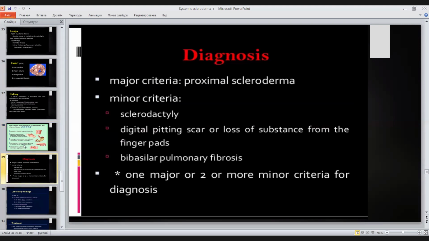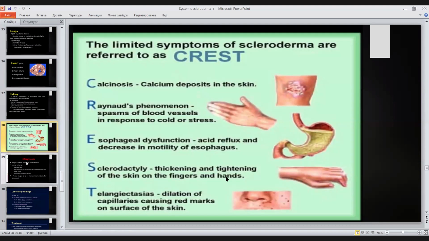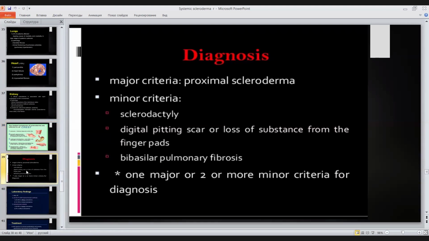Okay, diagnosis. Before lab tests, there are criteria. For each dermatological disease, we have criteria of disease, and criteria might include lab tests, imaging tests, and clinical manifestations.